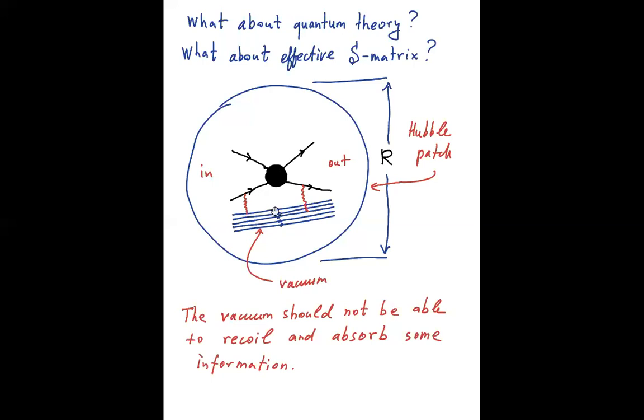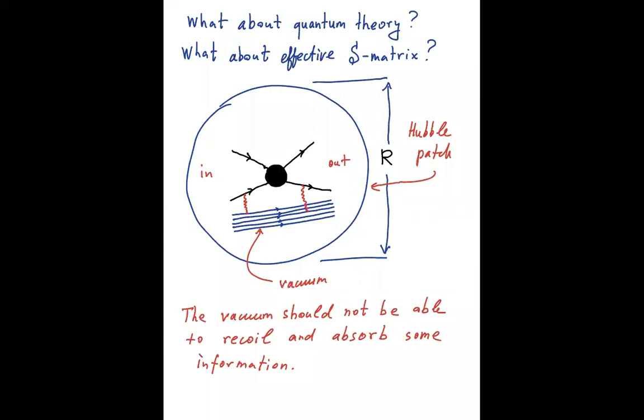But actually, that's not true, because there is basically a discontinuity in the theory. And again, I'm making this parallel with anomaly cancellation, because you need an exact zero. The reason here is that for the S-matrix formulation, even if you attempt to have an effective S-matrix formulation on short time scales, you still need a vacuum state. So you need to define in states and out states and the vacuum. The necessary condition that the vacuum has to obey is that it should not be able to recoil and absorb information.